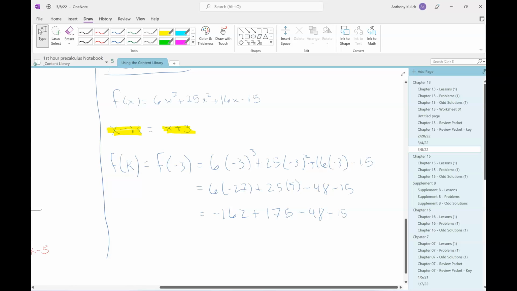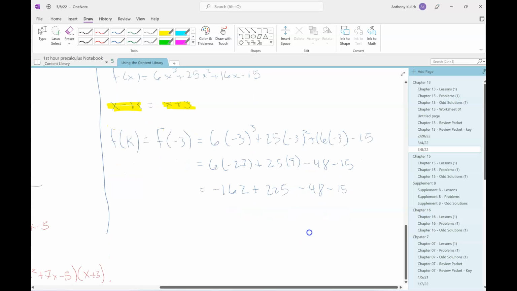Oh, 25 times 9. I'm so dumb. I did 25 times 7. There we go. Okay. Negative 162 and 225 is 63. Negative 48 minus 15 is 63. So that's 0.